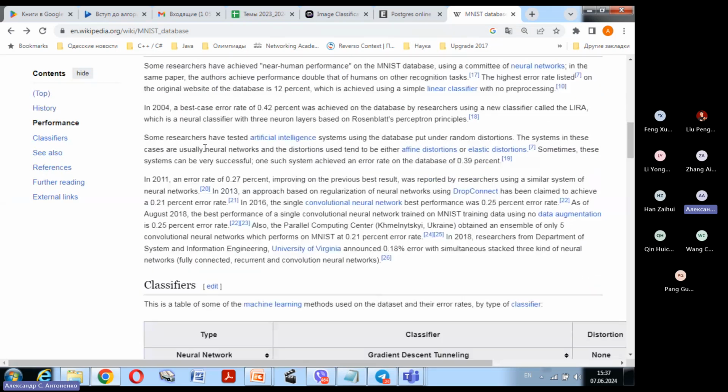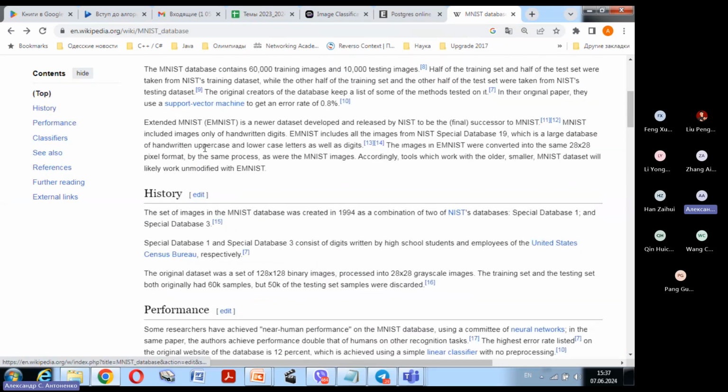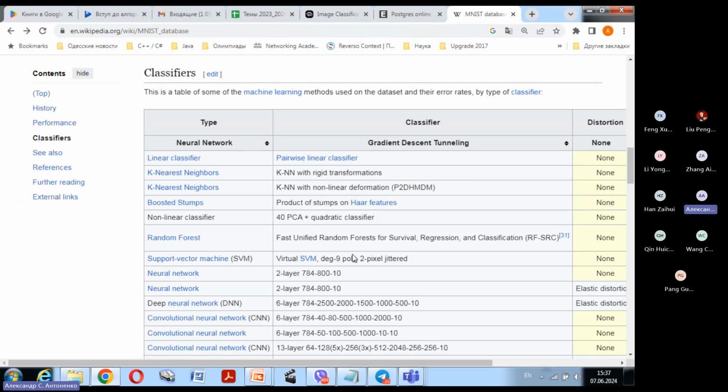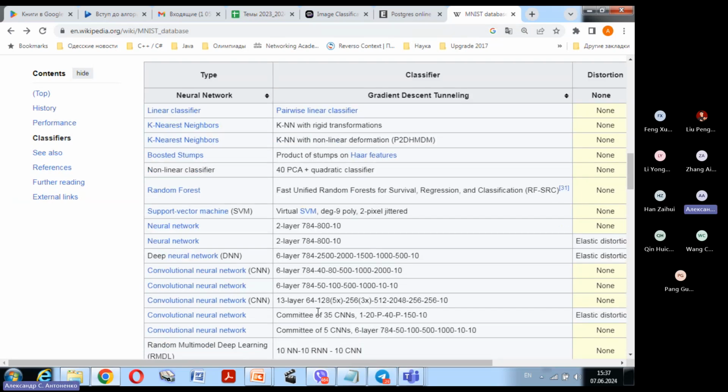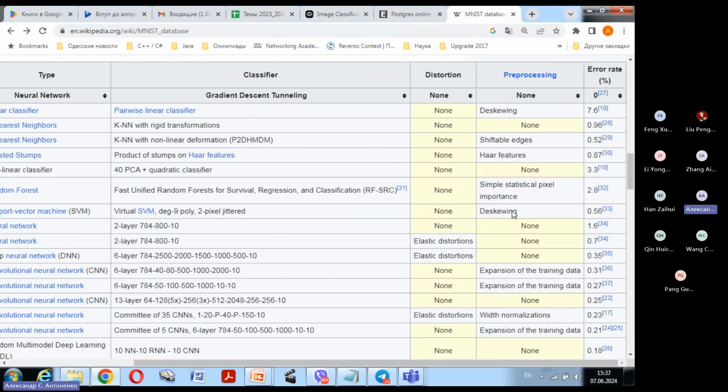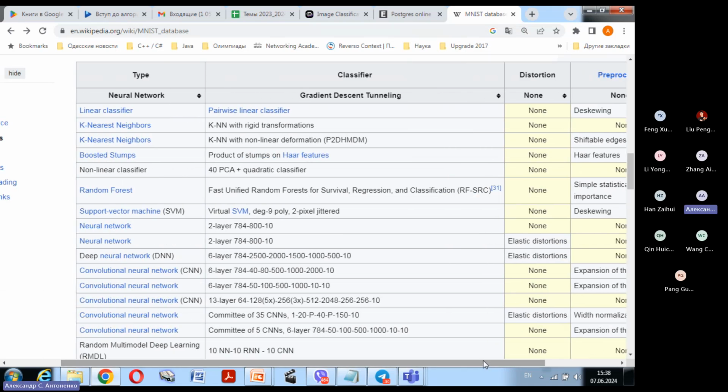So it's quite an easy database, and we have statistics from different models that were already tested on it, giving error rates ranging from 7%, which is not a very good error rate, to 0.2% for convolutional neural networks.